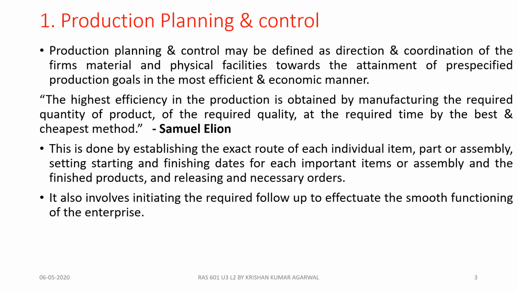The production planning and control cell, and the people working under it, ensure that productivity, efficiency, and process effectiveness remain high during the production process. This is done by establishing an exact route for each and every item that passes through the shop floor, the parts or assemblies, etc.